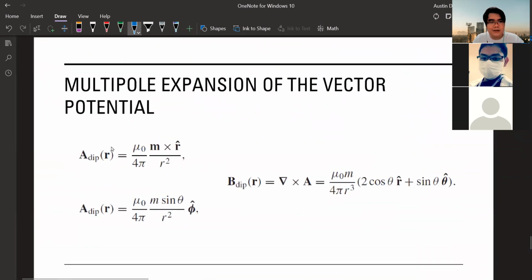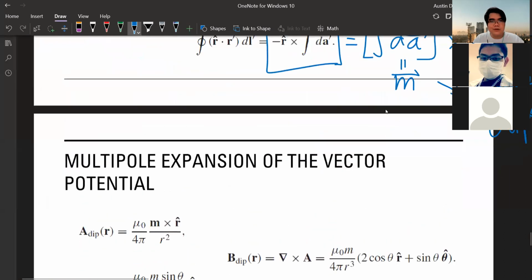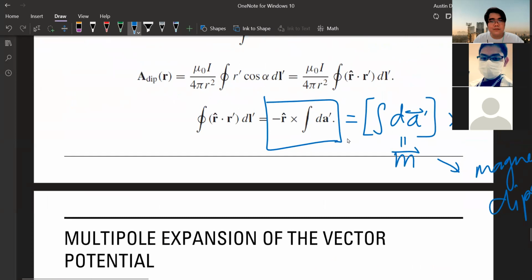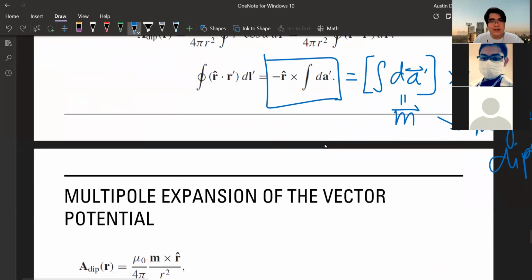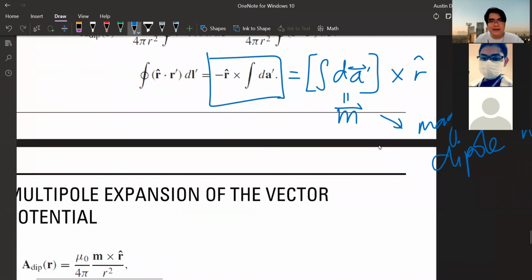Alright. Okay. So, dipole moment. Actually, ang dipole moment ay may kasama pa siyang I. Okay. So, ang m pala ay equal to, m is equal to I dA.